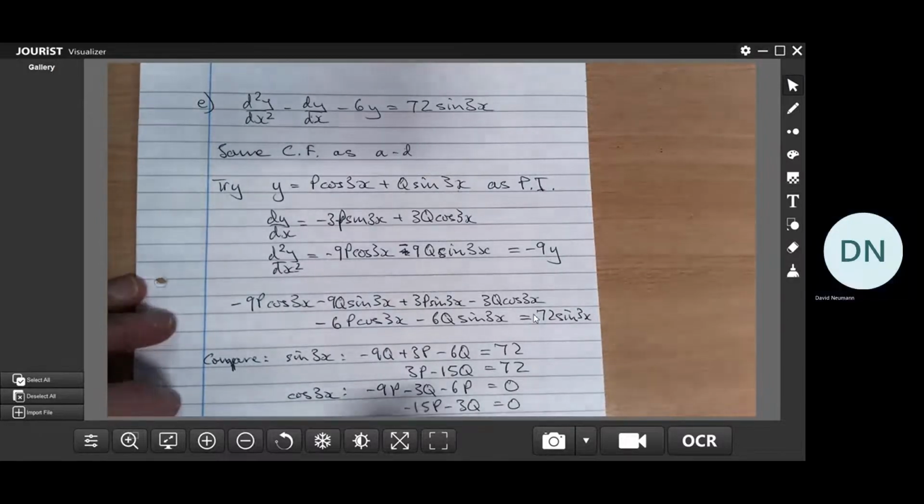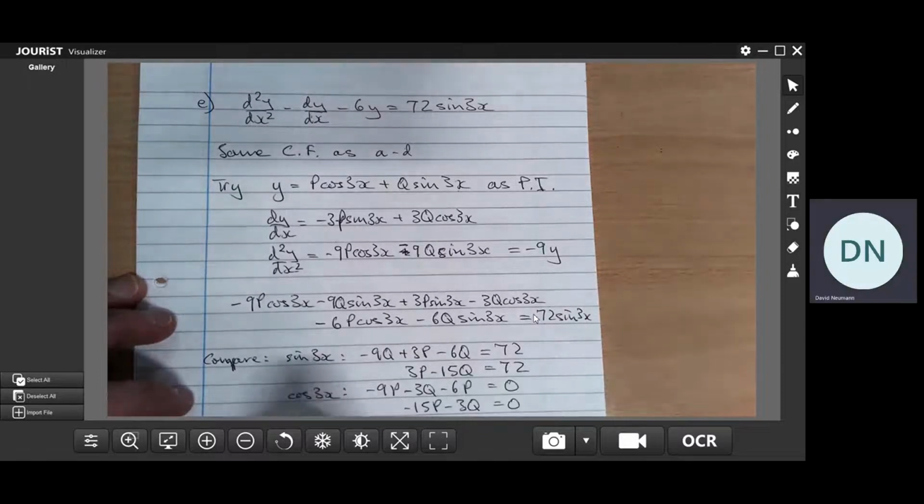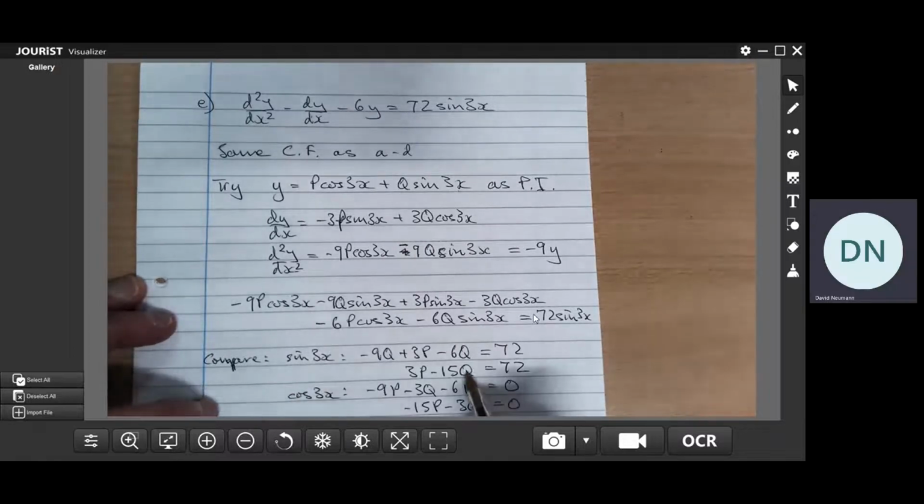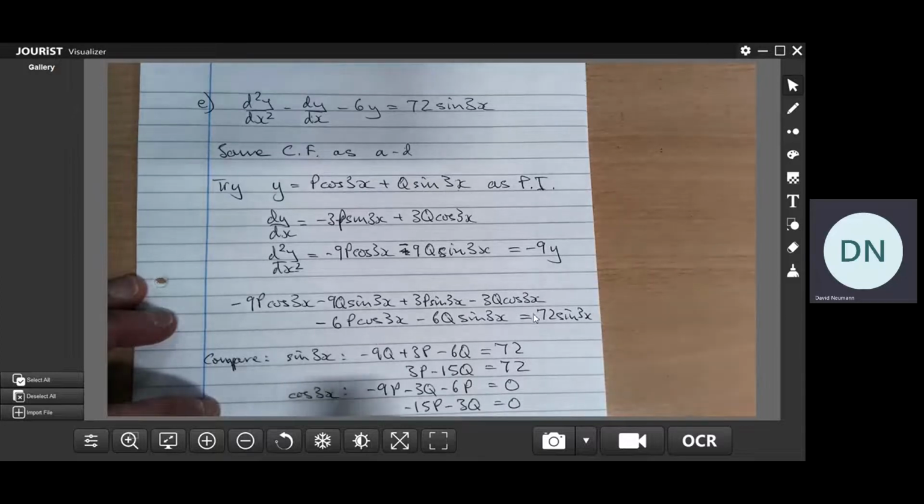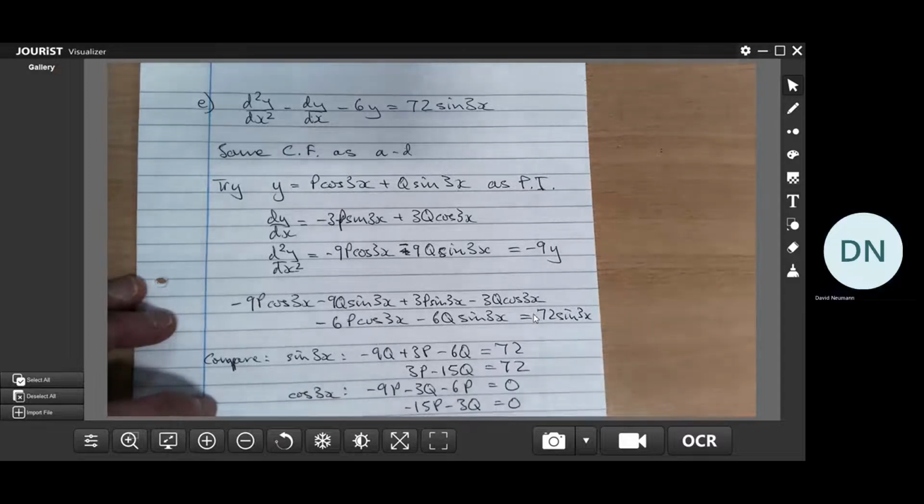I'm going to turn this one into 5p plus q equals 0, and this one into p minus 5q equals 24.